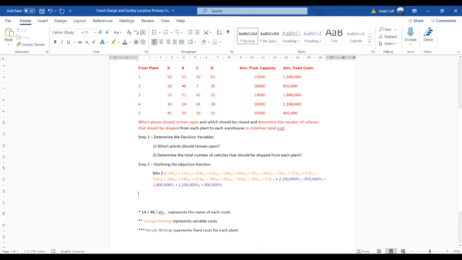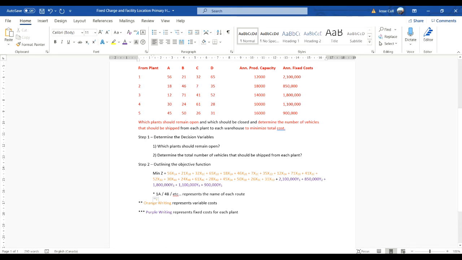Here we see the purple writing represents the fixed cost for each plant. Me highlighting the key information is not important. It's only for comprehension and understanding. But it is ultimately important because it is part of what we're doing.